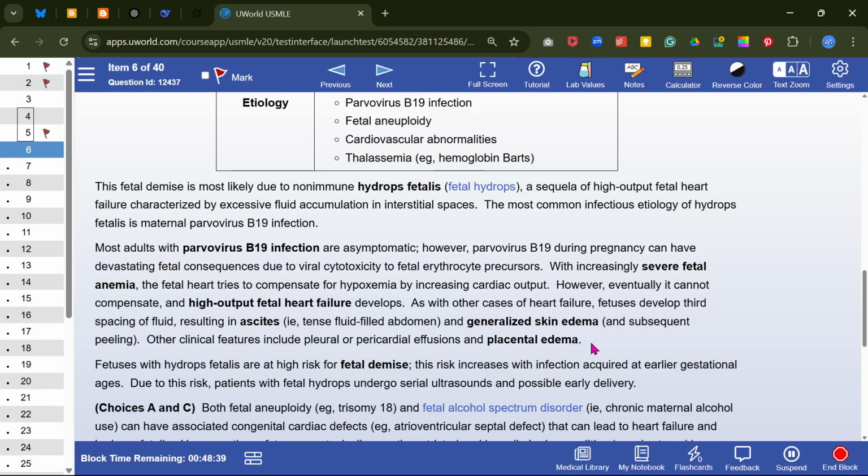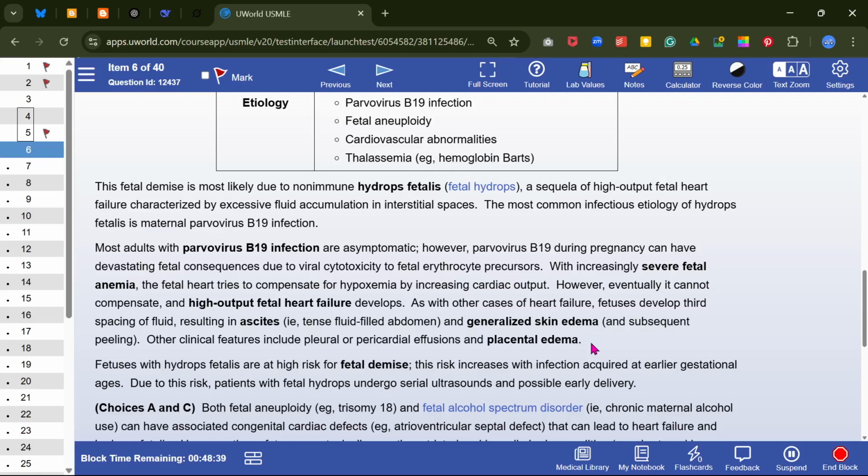Okay. This fetal demise is most likely due to non-immune hydrops. Fetal hydrops is a sequela of high output heart failure, characterized by excessive fluid accumulation in the interstitial spaces. The most common infectious etiology of hydrops is maternal parvovirus B19 infection.